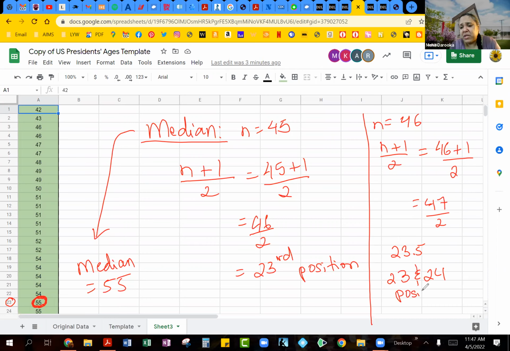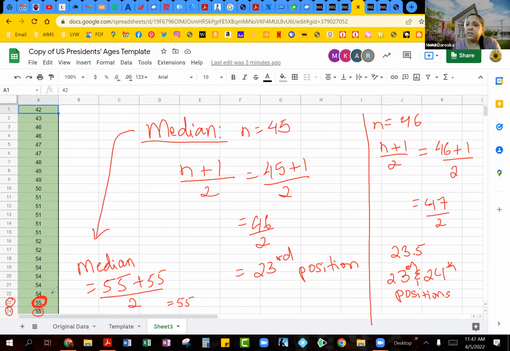You will be looking at the 23rd and the 24th positions. You would have taken both of those ages, which also happen to be 55, added them together and divided by 2, which would again give you 55 since both numbers were the same.